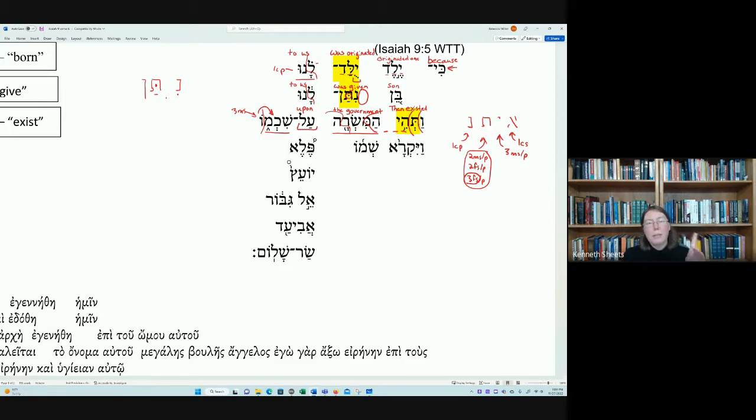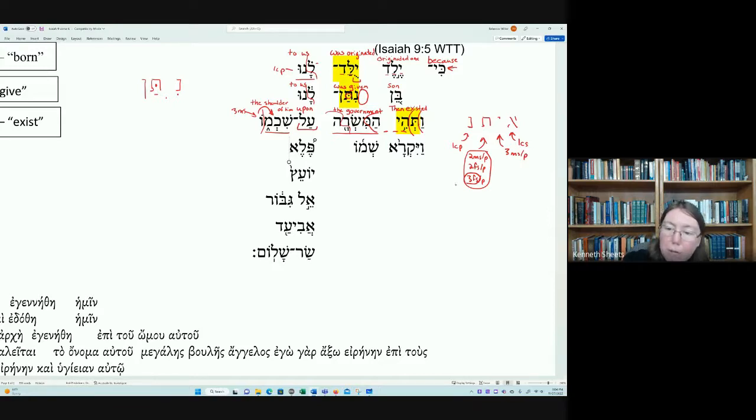The absolute is definite if it has the article, if it is a pronoun, or if it is a proper name. In this case, our absolute, the pronominal suffix, is a pronoun, making it definite, which in turn makes the construct definite. So upon the shoulder of him, referring back to the son. So then the government existed upon the shoulder of him.